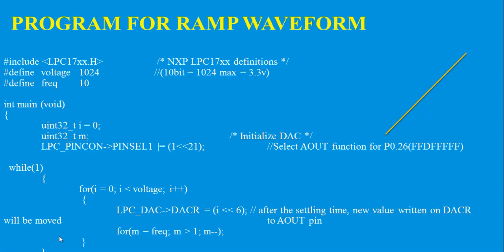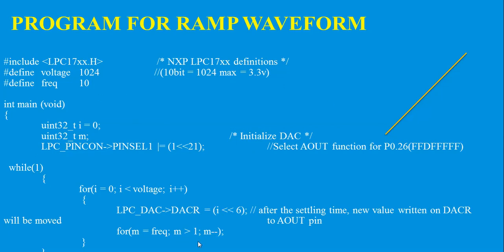Once it reaches the maximum value, the same for loop is executed again with I initialized as 0. So once it reaches the maximum voltage, in the next span of time the output voltage becomes 0. This is how to generate a positive ramp.